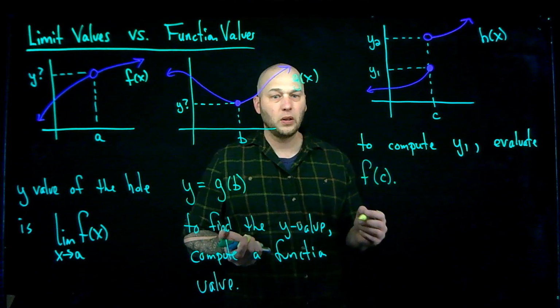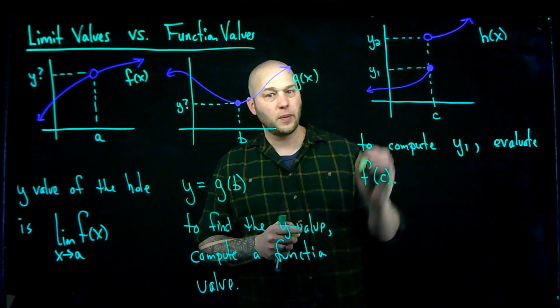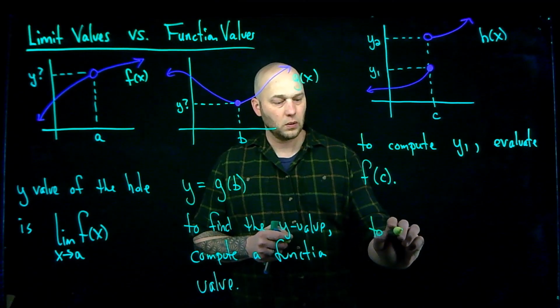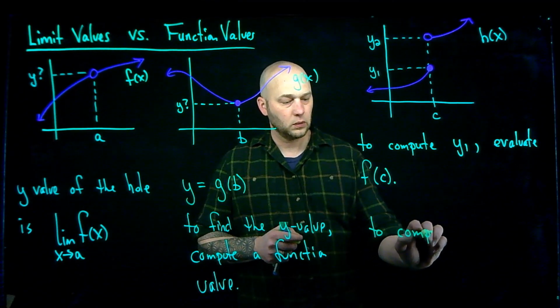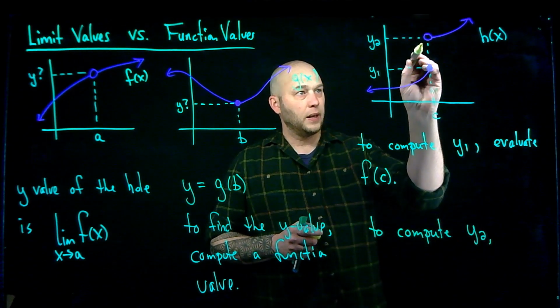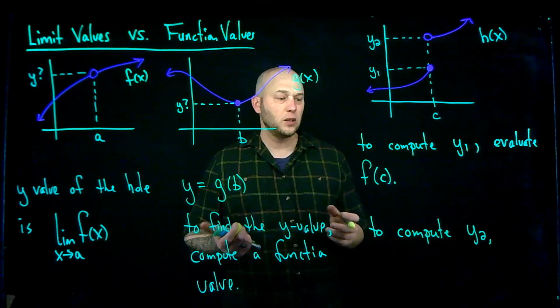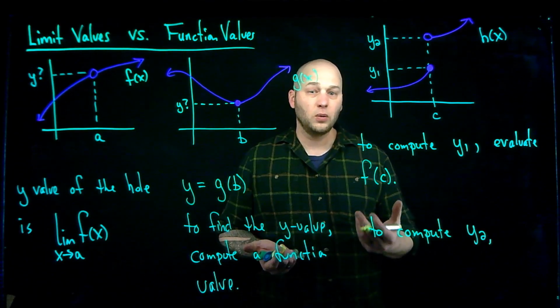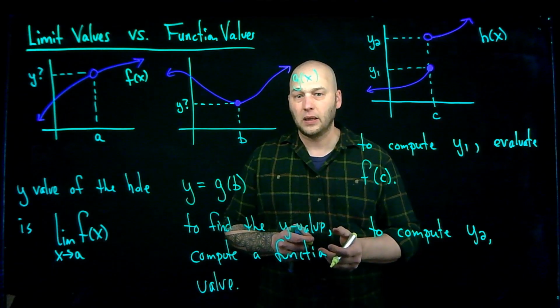So we could compute the function value because that actually is a point on the graph. Okay. To compute y2, well, again, that's an open circle, so there is no point on the graph there. So what we're going to have to do is some sort of a limit idea.